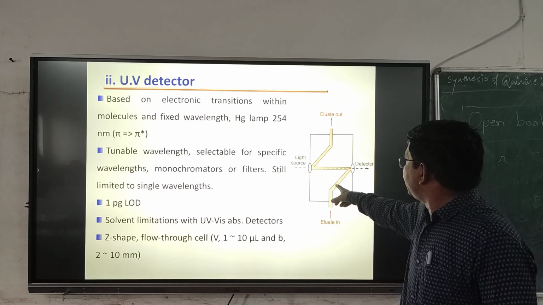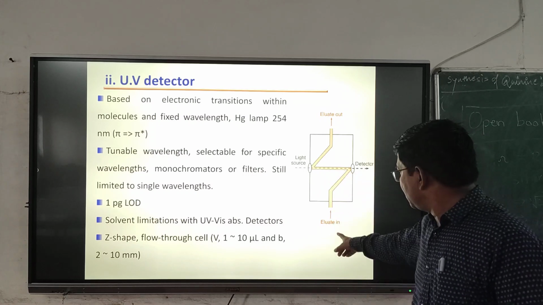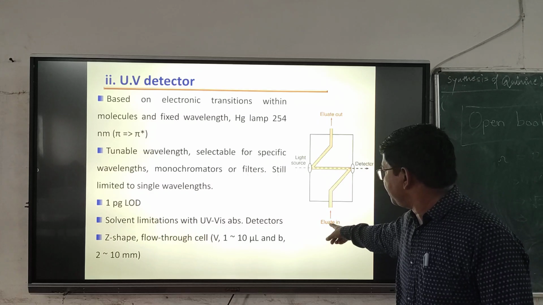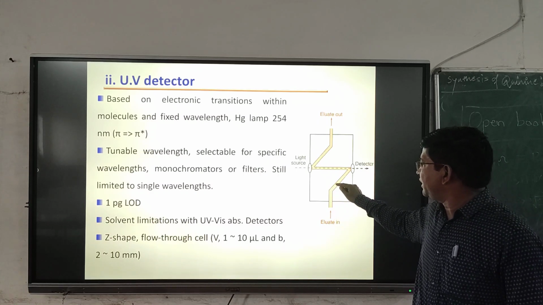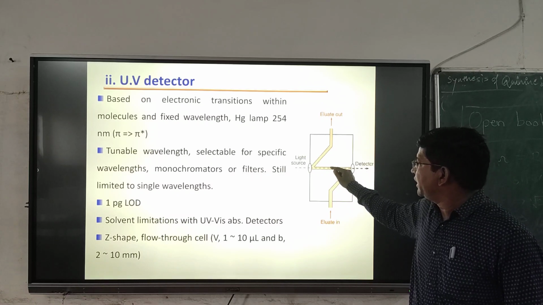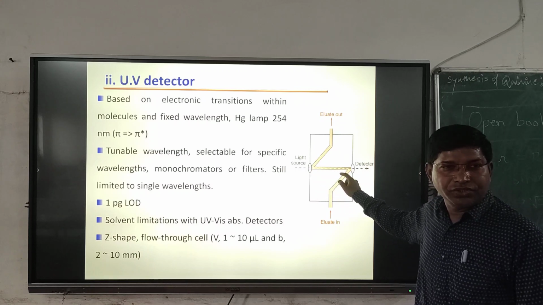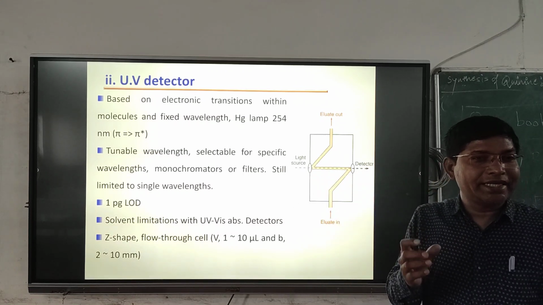Suppose we have injected our sample, and after the separation your compound mixture, like compound A, compound B, compound C, compound D, is coming into the UV detector. A UV detector relies on electronic transition.